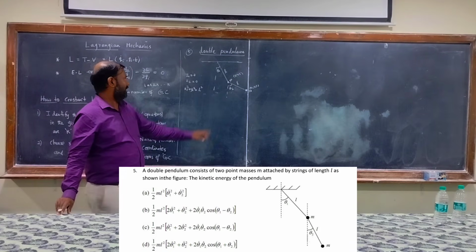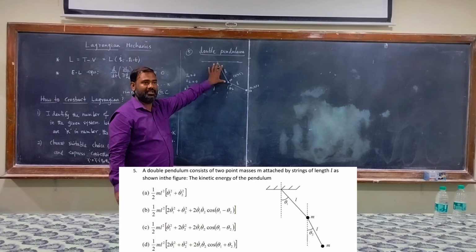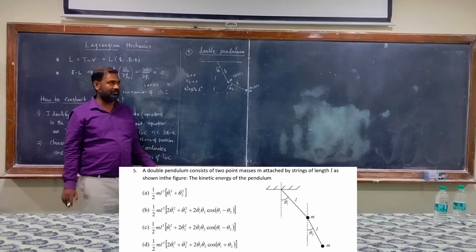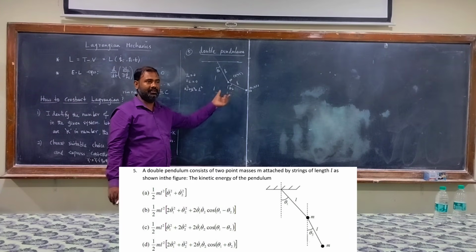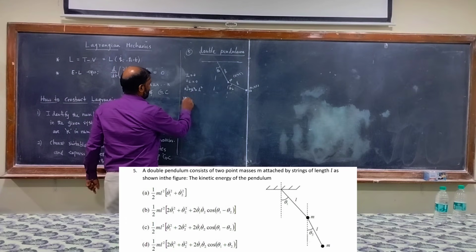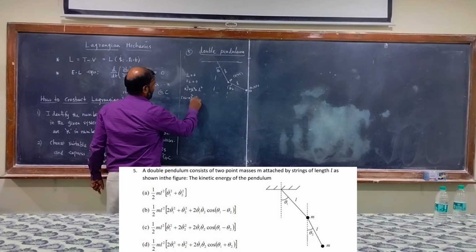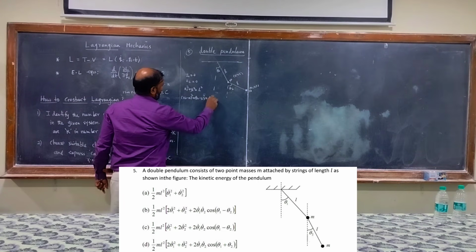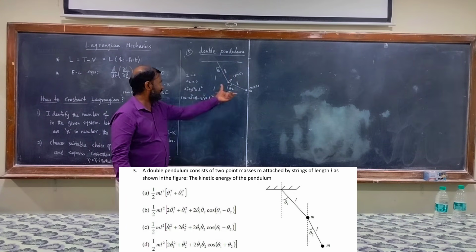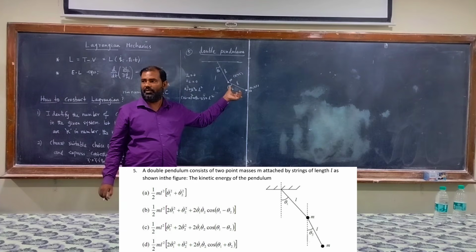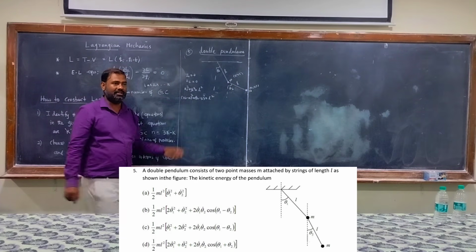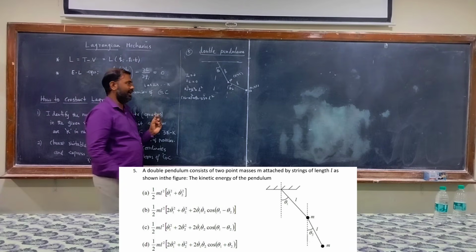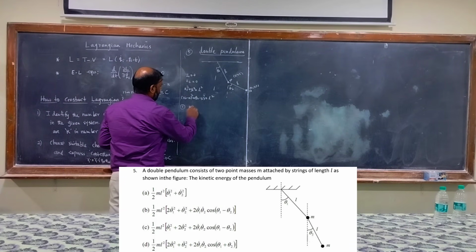Another constraint, because wherever it can go, this length cannot change. This length also cannot change, right? So x2 minus x1 the whole square plus y2 minus y1 the whole square equals L square. This length also cannot change. So k is equal to 4.